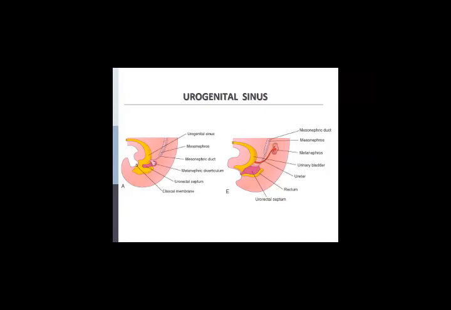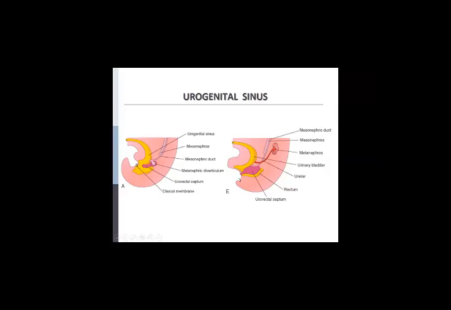As a result, the urorectal septum divides the cloacal membrane into two parts. The ventral part is the urogenital membrane.